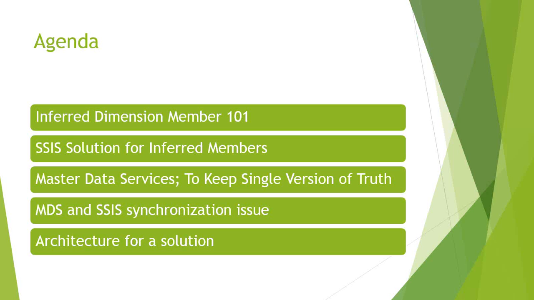Then I'll talk about the synchronization issue, which will happen when you integrate MDS and SSIS in terms of applying inferred dimension members. And at the end, I'll propose an architecture with a demo of the solution to creating and dealing with inferred dimension members with MDS and SSIS.